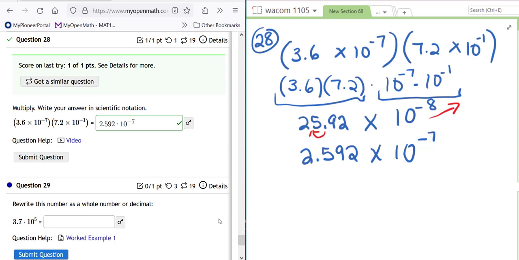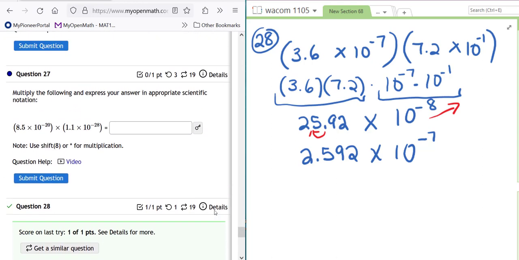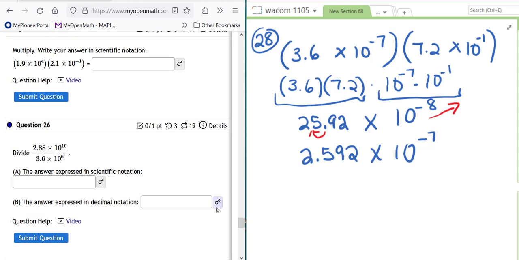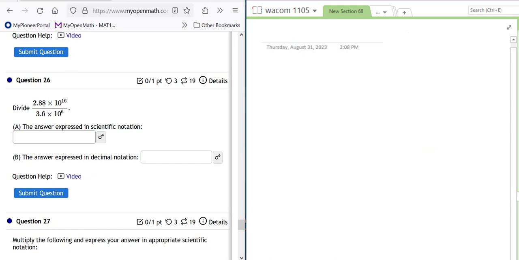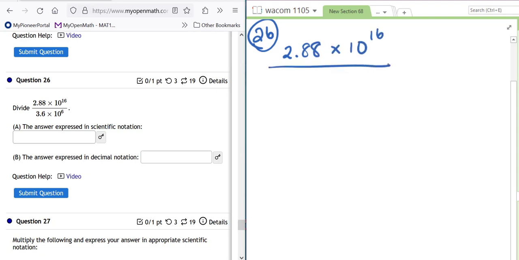All right, let me go back to that other scientific notation, 126. Right, so this one you are dividing these. I'm going to kind of think categories here.